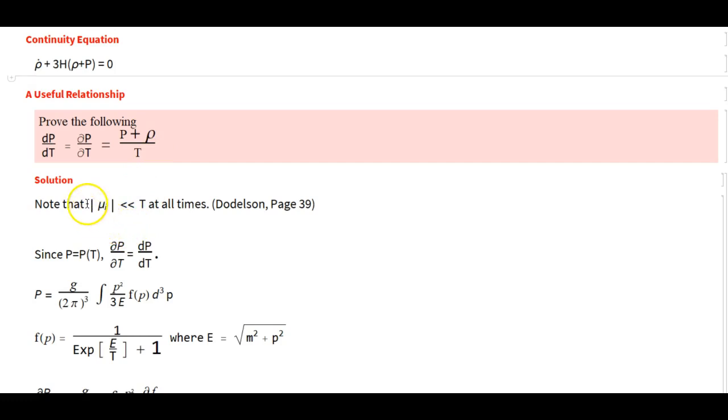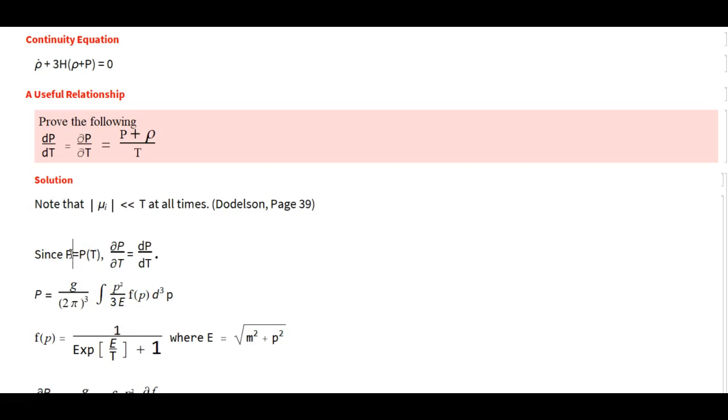And we will take advantage of the approximation that mu, the chemical potential of all particles at all times, is much smaller than temperature. This is mentioned in Dodelson, and we will take advantage of this statement when proving this relationship.